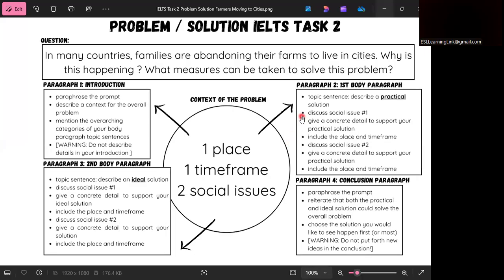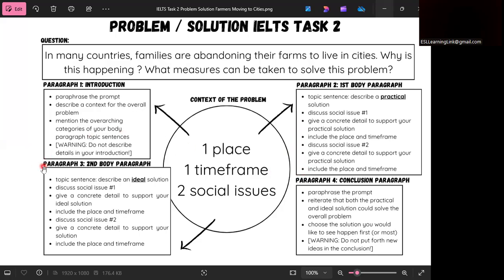Okay, so discuss social issue 1 and discuss social issue 2, making sure to give concrete details to support your practical solution, and make sure that you use that language that indicates your ability to be coherent in discussing context, place, and time frame.